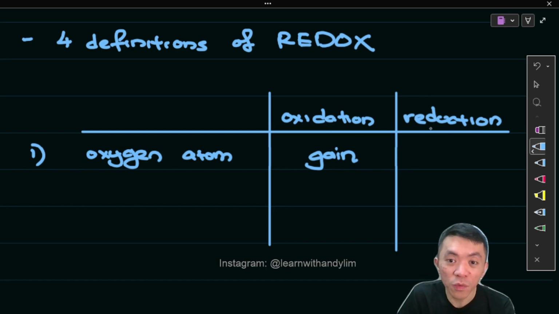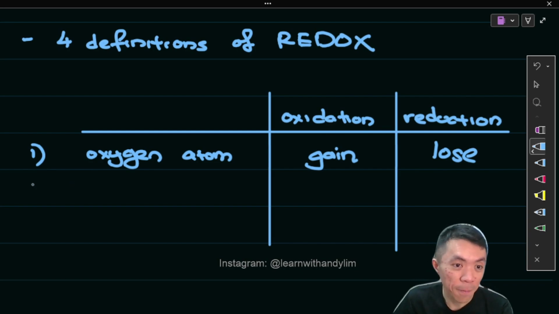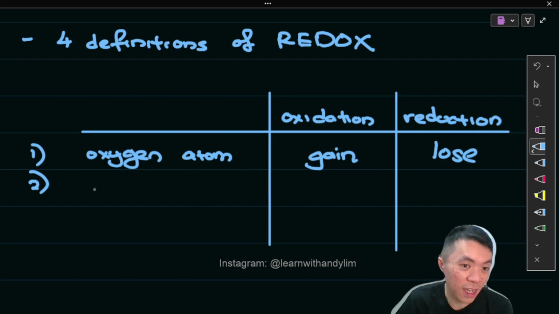However, during reduction, the substance will lose oxygen atom. Okay, this one is easy. Of course, oxidation, I have addition of oxygen. Number 2 is also easy.